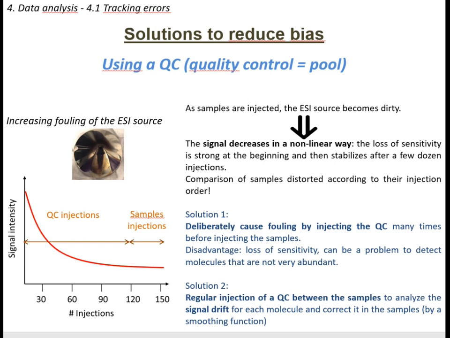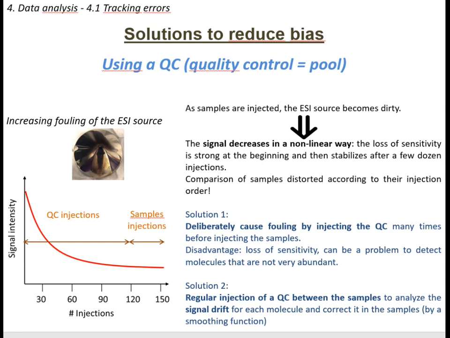And because of this, the signal will decrease non-linearly with time. This is what you have here in the left part of the slide: the rank of the injection and the signal intensity, let's say, for the same molecule. You start with a very high signal because your source is very clean at the beginning, and then it gets dirty and the signal decreases.